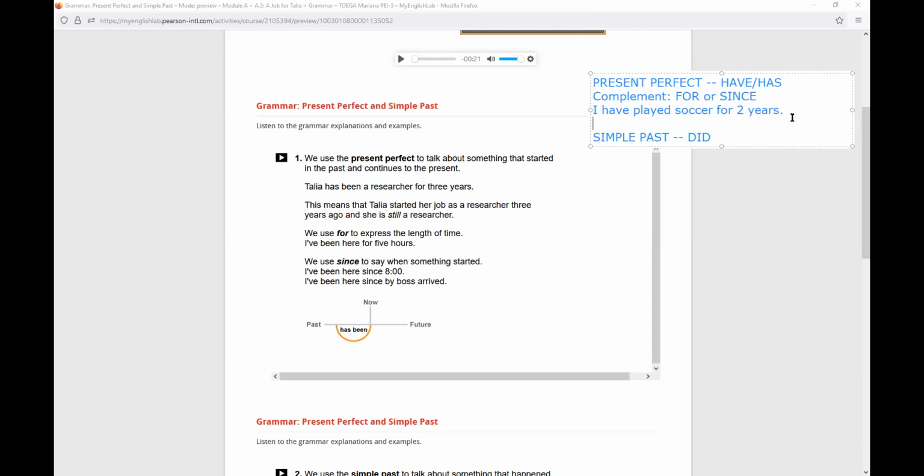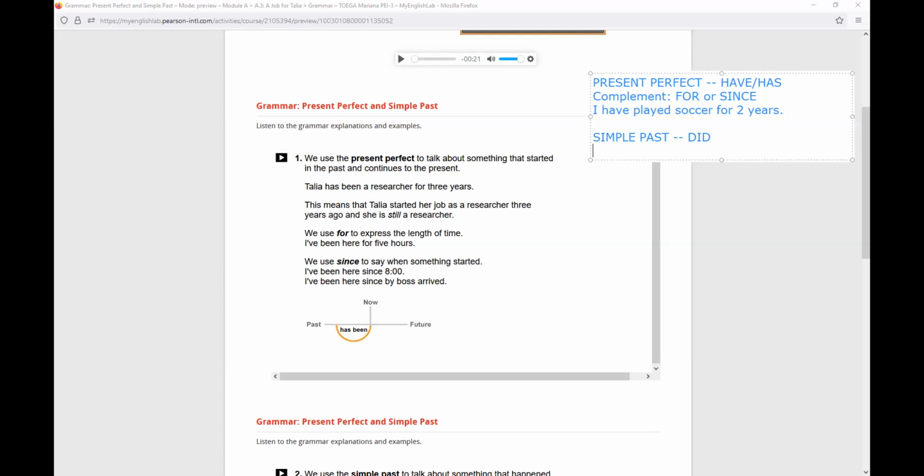Pero ¿cuál es la diferencia con el pasado simple? Que en el presente perfecto, ok, nos está mostrando que ha jugado fútbol por 2 años, pero no sabemos exactamente qué años eran. Por ejemplo, podría haber sido 2019, 2020, 2021. No sabemos con exactitud. En cambio, if we use simple past, we know the time.